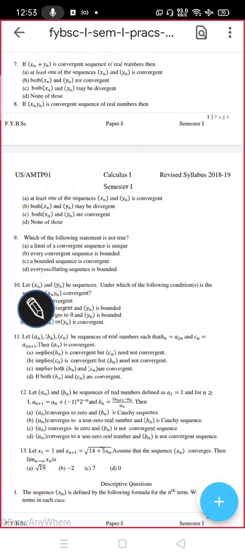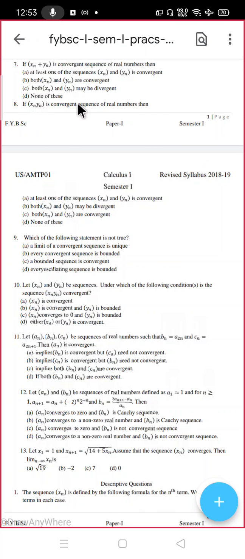Tell me, what about the eighth one? x and y are convergent sequences of real numbers, then what can you say? Same, I think we talked about this also. Which one? B. Can you give me a counter example?